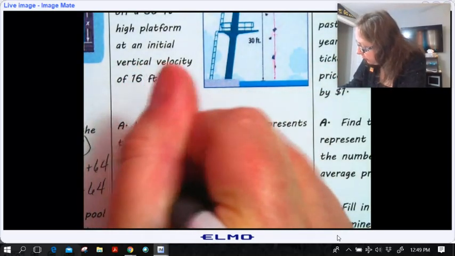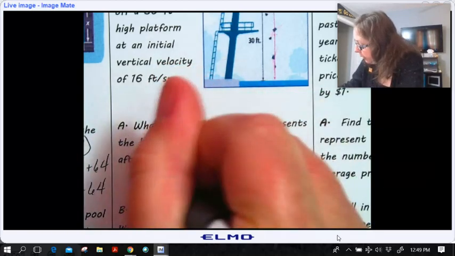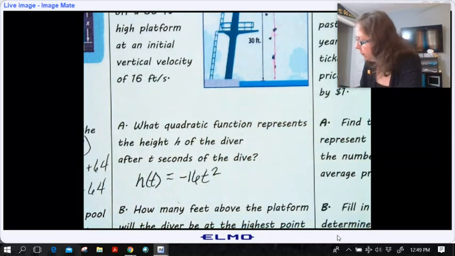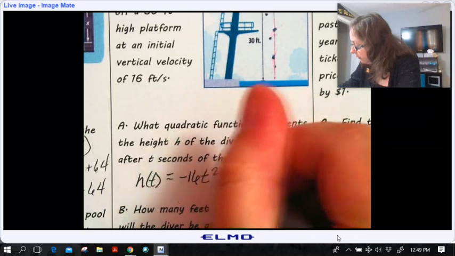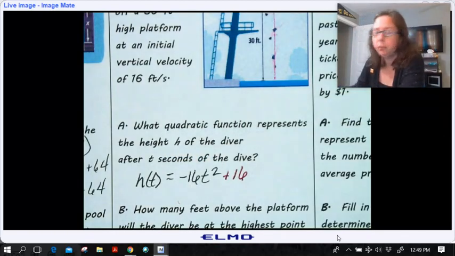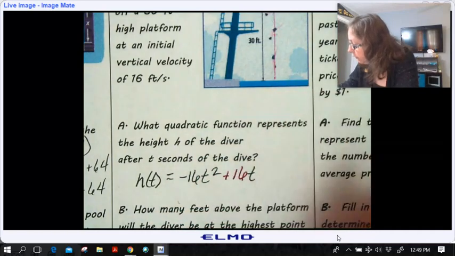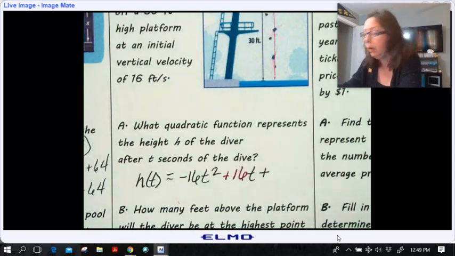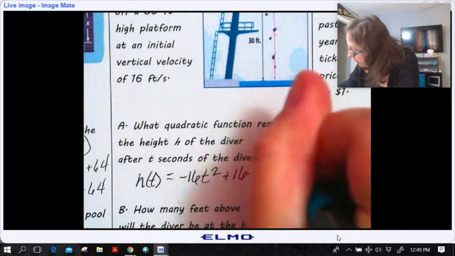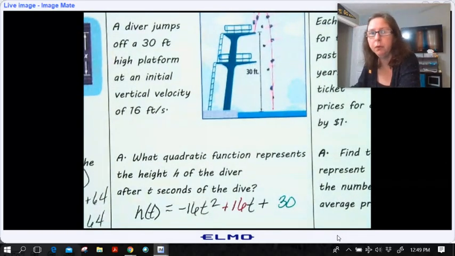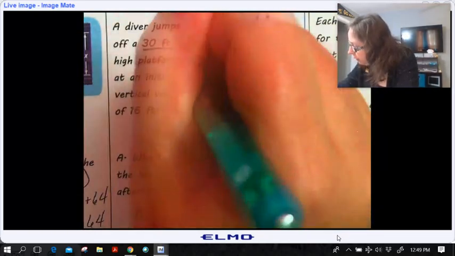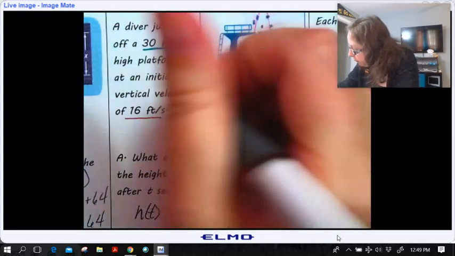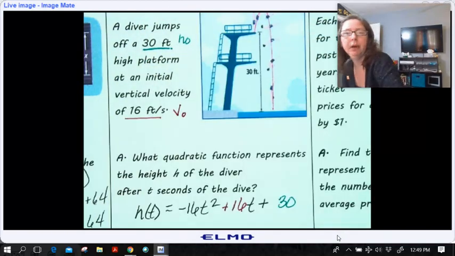So height in terms of time equals negative 16t squared plus my velocity, 16t, just t, plus my initial height of 30 feet. Okay, so here's where I got my information. This was H sub O, and this was V sub O, okay?